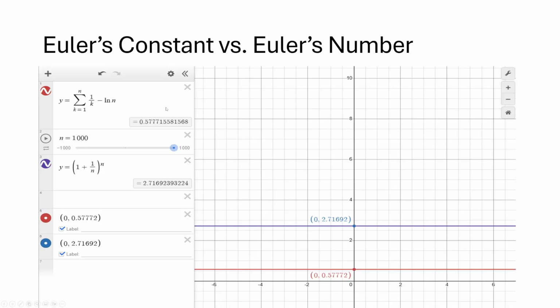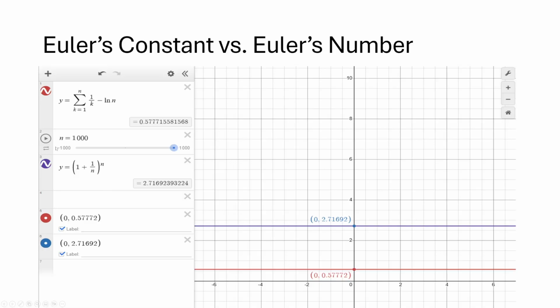By the way, just a picture here, I just took a screenshot from Desmos. These are essentially arguments. These should be limits as n approaches infinity. Right here, and for example, this summation and then this summation here. This is for Euler's constant, and this is for Euler's number.